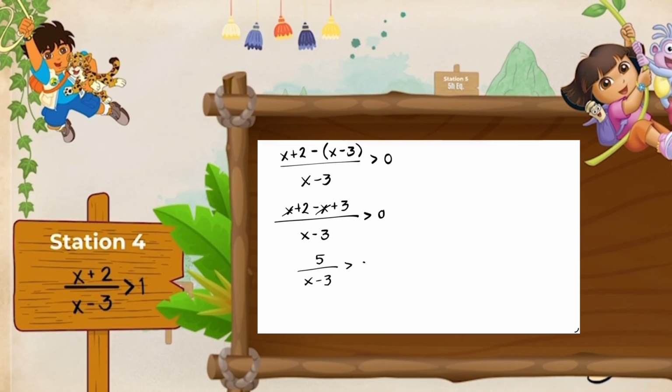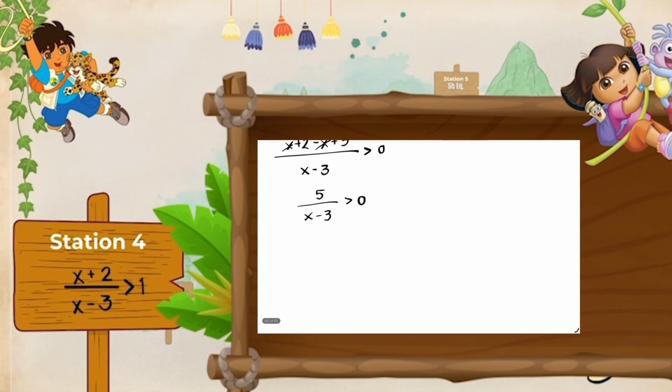Now, let's get the critical values. Since there's no x in the numerator, we'll only have one critical value, which is from the denominator. x - 3 = 0, so x will become positive 3. Now, let's plot it.